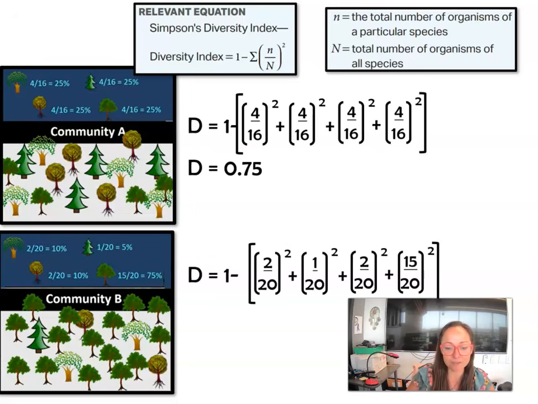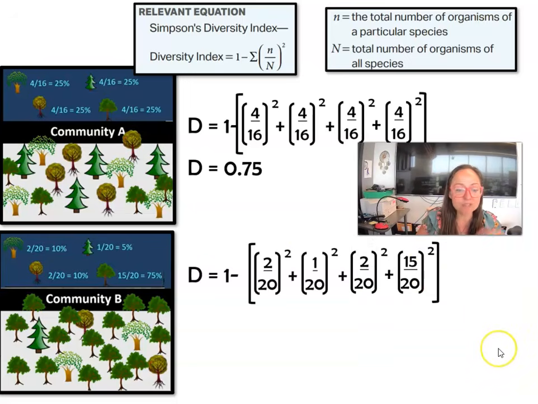If we look at community B, I do the same thing and I find that my diversity index is 0.42. How we interpret this is that the higher the Simpson's Diversity Index, here 0.75, the greater the overall species diversity. It's a more stable ecosystem.